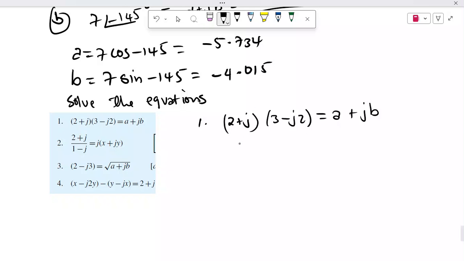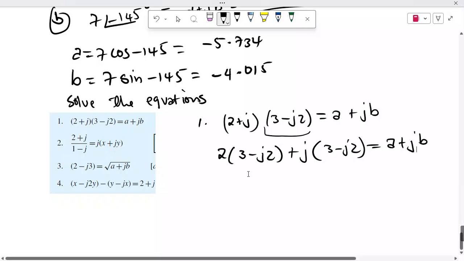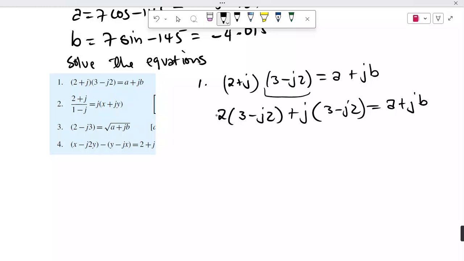So first of all, you multiply here. You have 2 multiplied by this, then we have j, there is a plus here. So plus j multiplied by this one, 3 minus 2j, equals a plus jb. Now here we do simple multiplication. 2 multiplied by 3 is 6, minus 2 by 2, 4j. Plus j multiplied by 3, 3j.